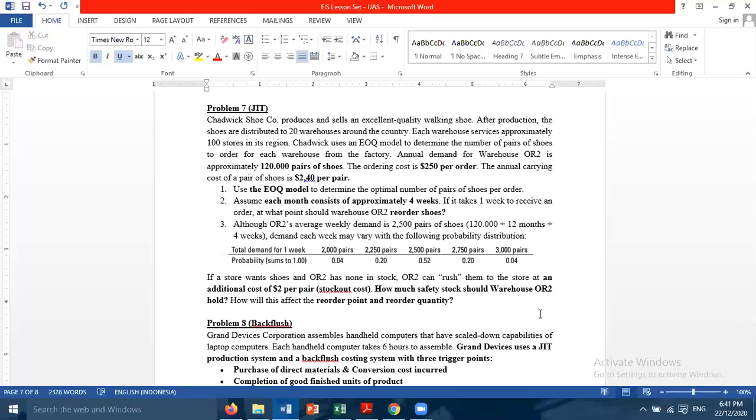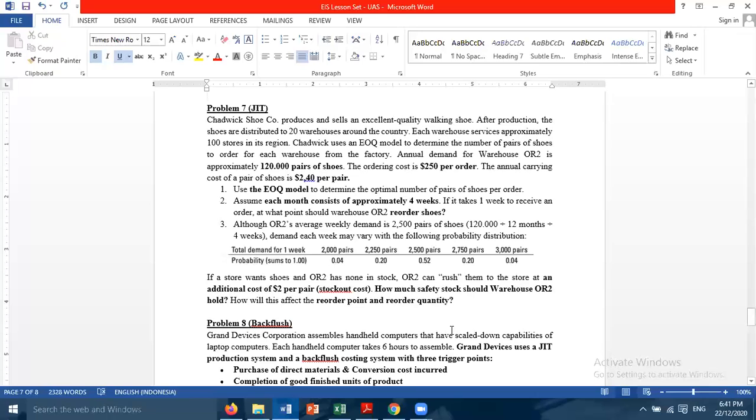So JIT is a little bit different compared to traditional methods, where we tend to still hold inventory. But in JIT, we produce or purchase only when we need it, or only when there's demand for it. So that's inventory management and JIT.